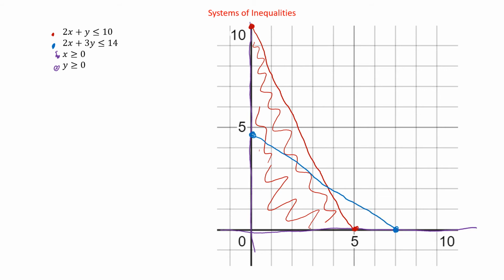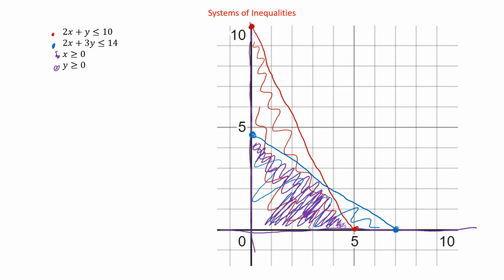Connect those dots. And then it's less than, if we plug in 0, 0, we have 0 plus 0 is less than 14. True statement. So that means that area is shaded. So where's the overlap? The overlap is this whole area.